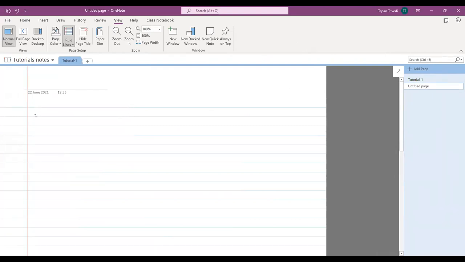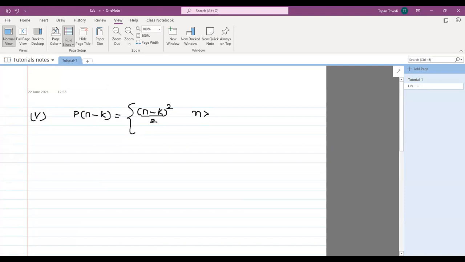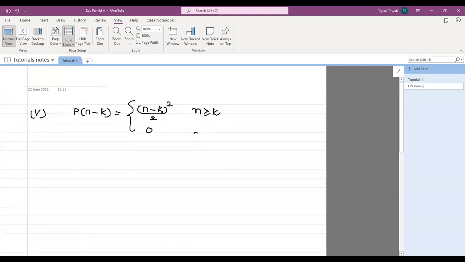So the fifth one is P of n minus k, which is equal to n minus k whole square by 2 for n greater than or equal to k, and it is 0 for n less than k.